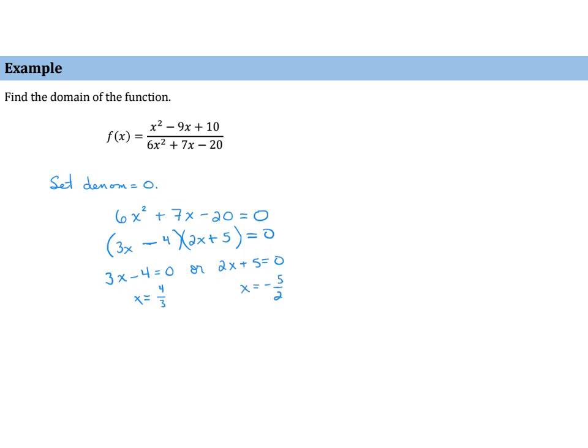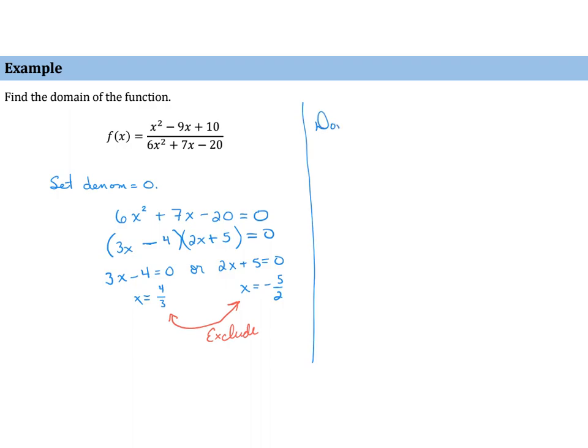Now either of those two values is a solution to the equation, which shows that the denominator would be 0 at those two values. So what we need to do is we actually need to exclude those. So we don't want either of those values to be allowed into our function's set of inputs.